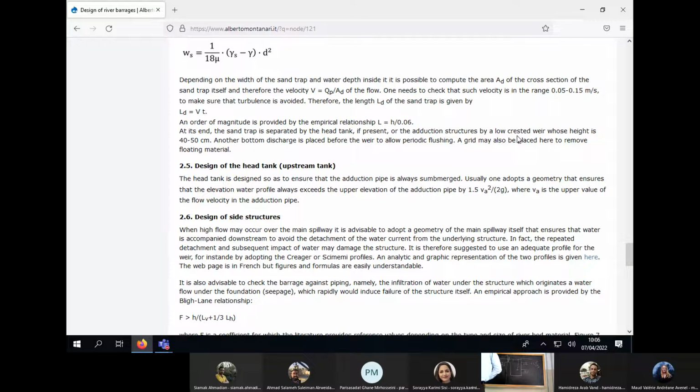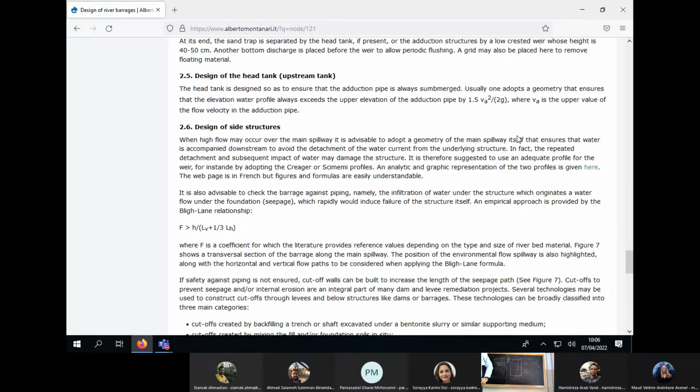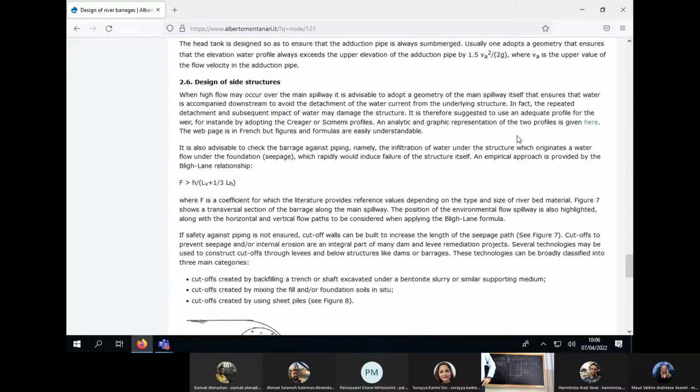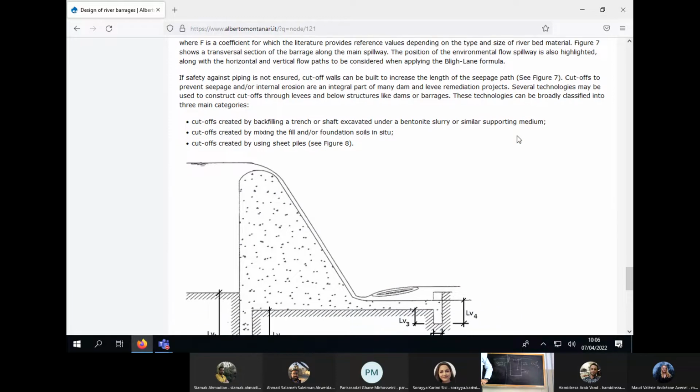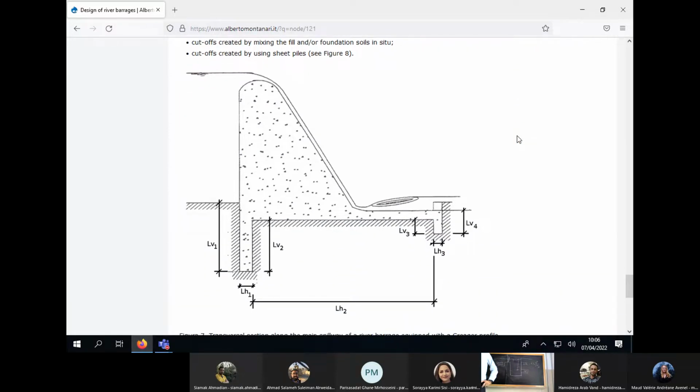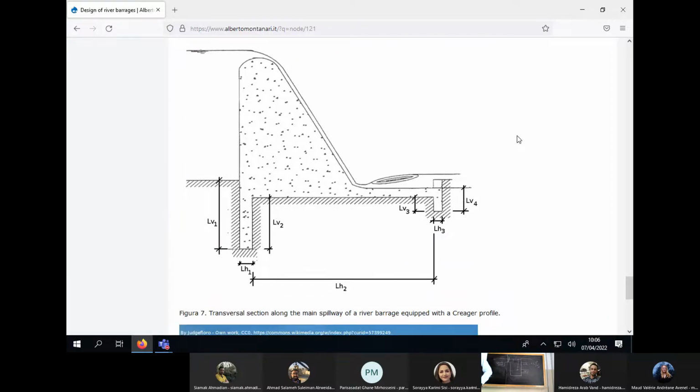Okay, now let me give some more details on the design of side structures. What do I mean with side structures? Let me just give you some more details on the main spillway, because I mentioned to you that it is advisable to adopt countermeasures to avoid erosion at the foot of the barrage.